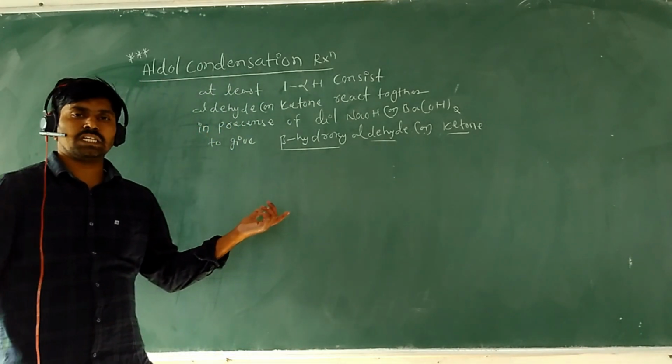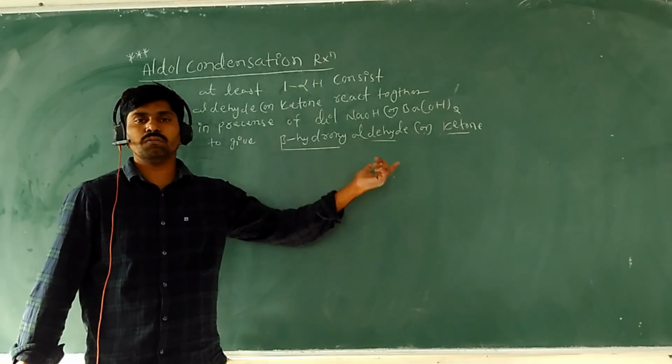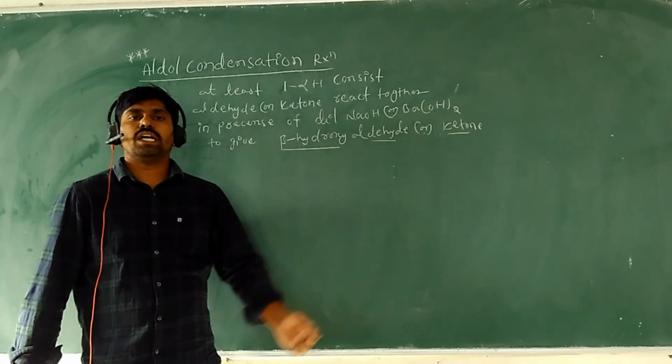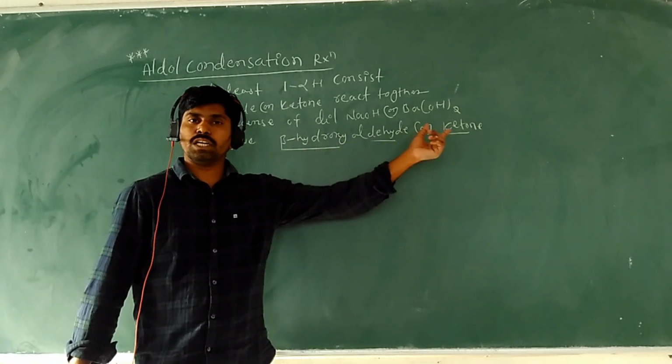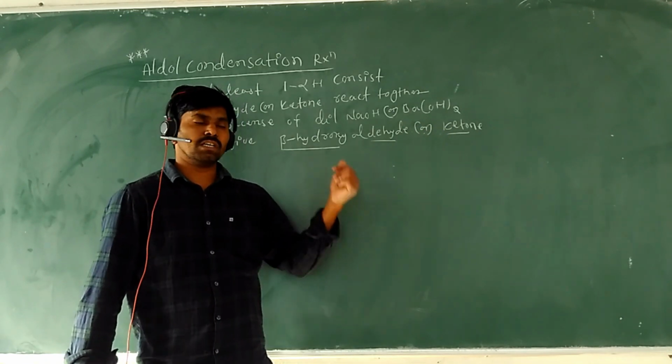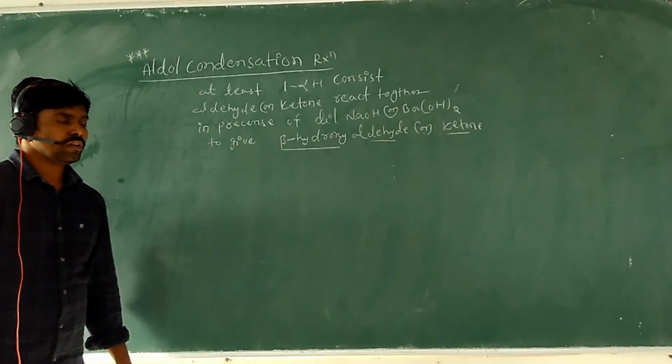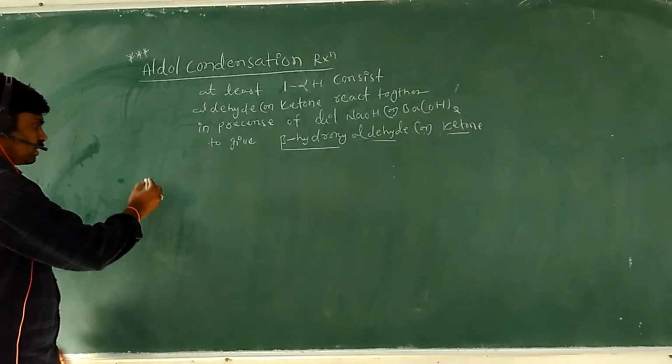Whichever aldehyde or ketone participates in that reaction, which has the alpha hydrogen, respectively the beta hydroxy aldehyde or ketone is formed. That is the reaction. Now I will give the reaction.